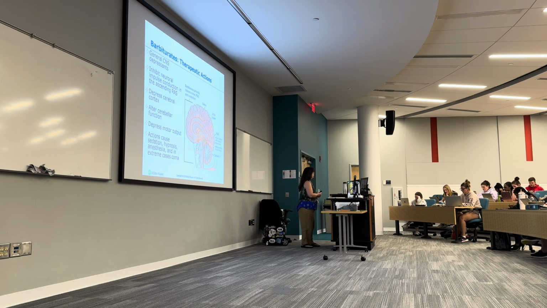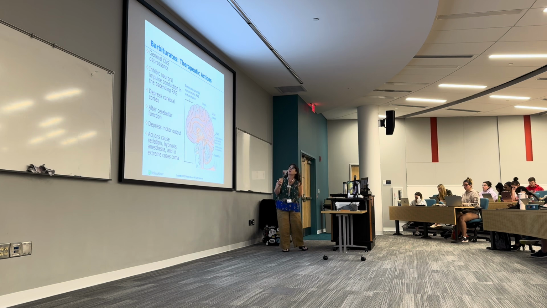All right. So now we have something called barbiturates. A little bit different. Let's look at barbiturates. It's a central nervous system depressant, and they depress the cortex, so they're more central nervous system.